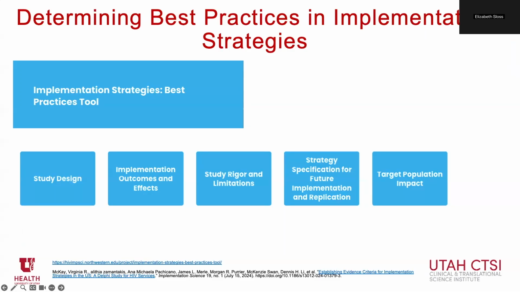Another set of folks I work with, if you think back to when I shared my paper talk, we didn't really have a good classification for whether or not a strategy was effective. So we're actually developing a best practices evaluation tool that you can access online.